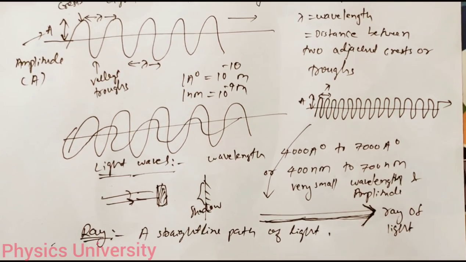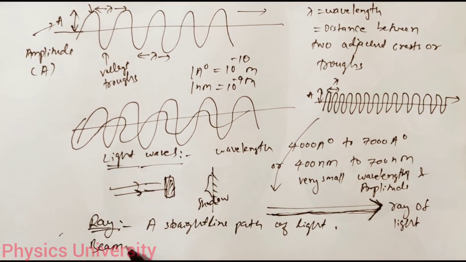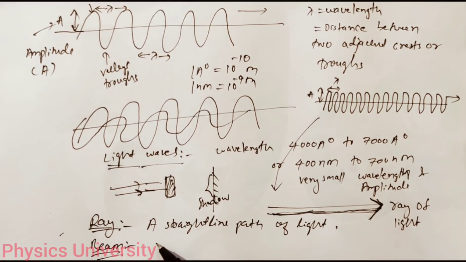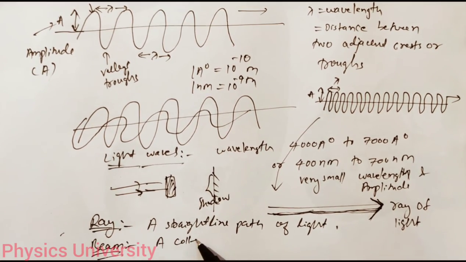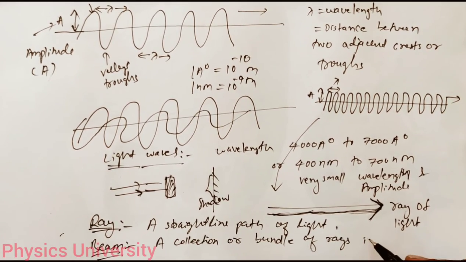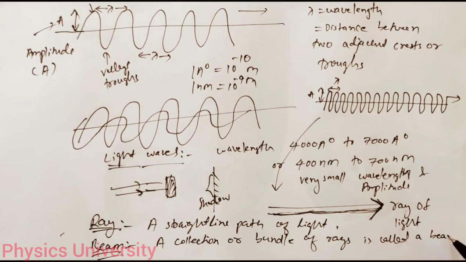Then you might have come across a word called beam. What is a beam? Beam is a bundle of rays, a collection of rays. A collection or bundle of rays is called a beam, right?